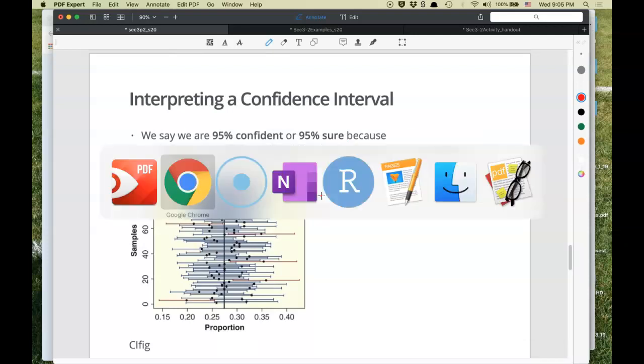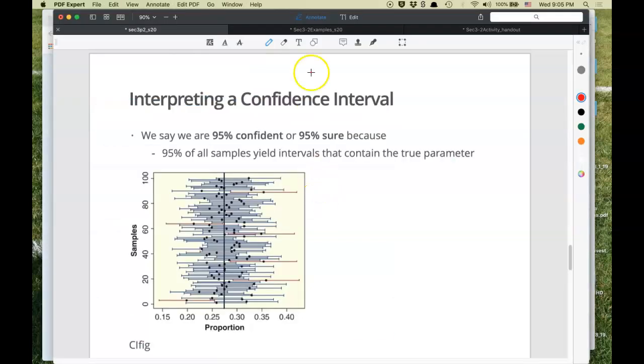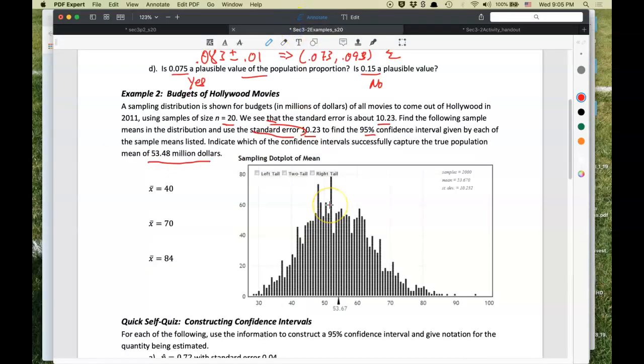Now let's go back to the example that we had left off. So we wanted to get a 95% confidence interval. We have a standard error of 10.23. Here's the simulation that was computed using StatKey.